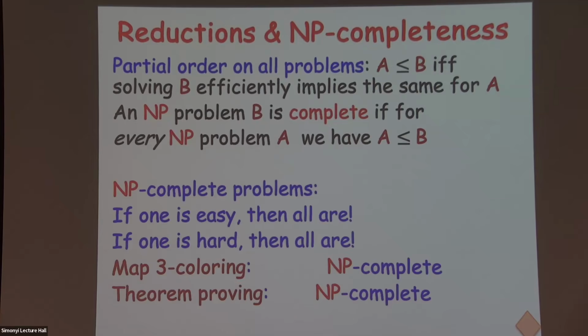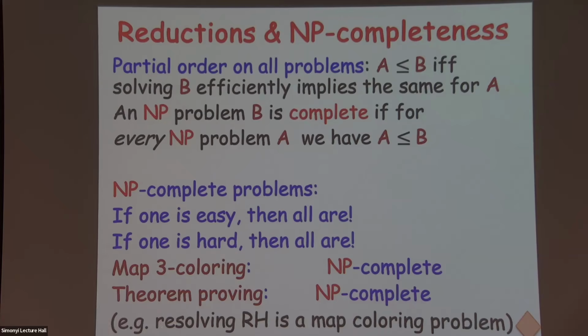So we saw two examples, map coloring and theorem proving. One way to read this is that reducibility says that if you want to solve, for example, the Riemann hypothesis, you can translate it into a map. Just a statement of the Riemann hypothesis plus, let's say, allowing only 100 or 1,000 pages of proof, not more, because nobody will read it, will give you a map of a million countries.